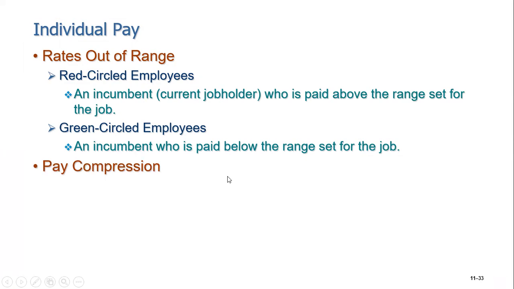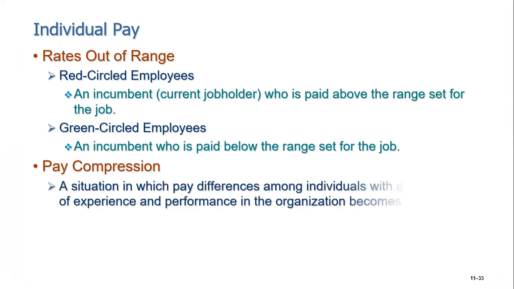Pay compression. What do we mean by pay compression? It is the difference between a senior employee's pay and a junior employee's pay. Say, for instance, I have been working in this organization for the last 5 years at Sukkur University.